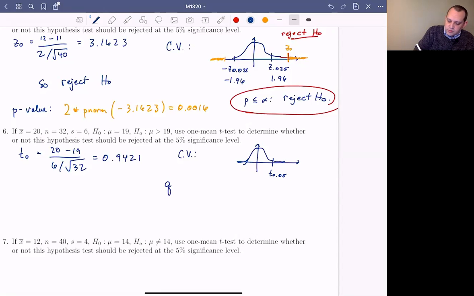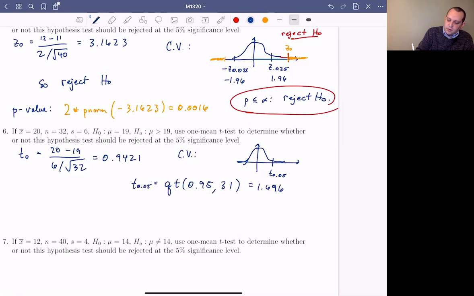So this will be QT of 0.95, with 31 degrees of freedom because it's 32 minus 1. That will give us our cutoff, t sub 0.05, and it turns out that cutoff is going to be 1.696.